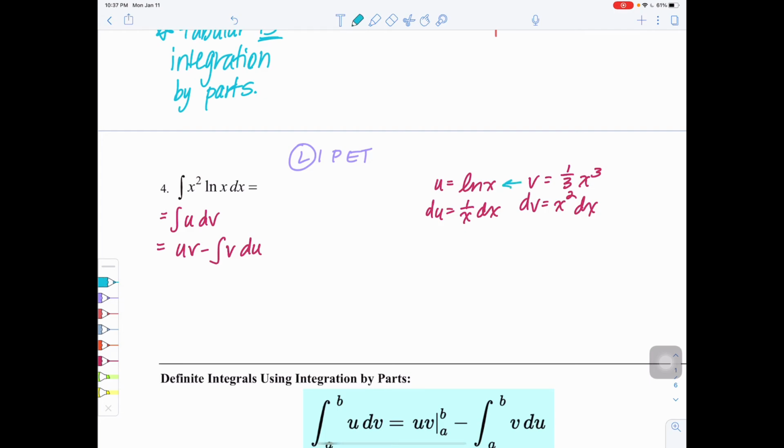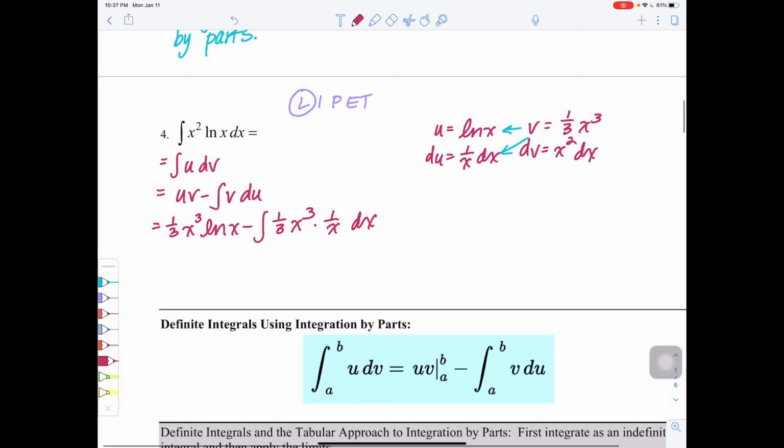So, let's go ahead and write uv, which is 1/3 x cubed times the natural log of x minus the integral of 1/3 x cubed times 1 over x dx. And you'll like this method because there's always some nice algebra included. So this is minus 1/3, let's clean this up, x squared dx.